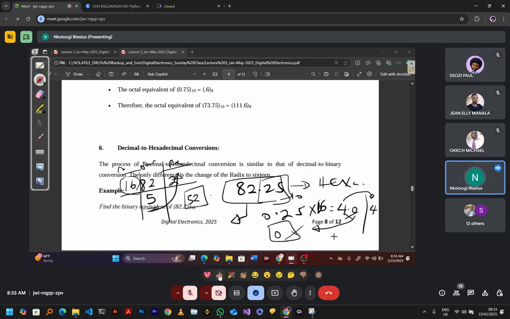Okay, so this answer will be a 4, because you're recording now from top to bottom. So combining the answer, we will have something like 52.4 base 16. But I told you you could now write it using a prefix. So you can now write the 0 and the x.